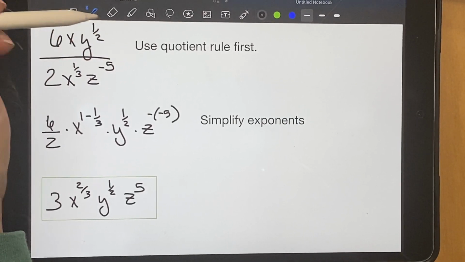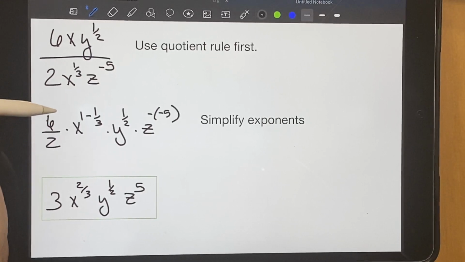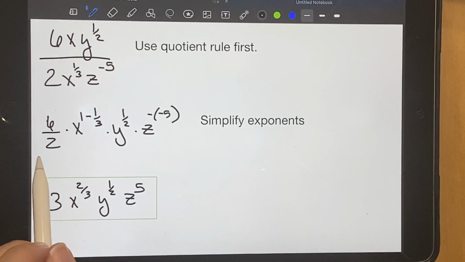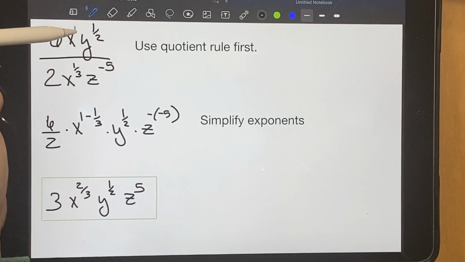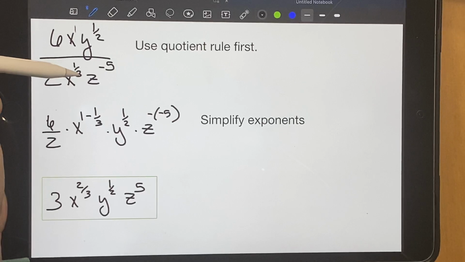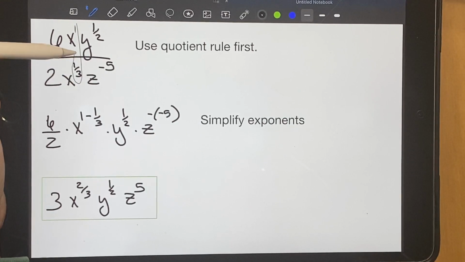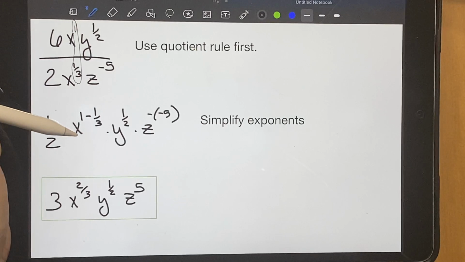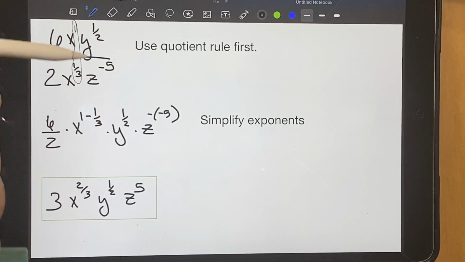So we know that if we have this whole amount here, we're going to have our 6 over 2. That's going to be our number portion. Our x's, I have x to the 1 here, and then an x to the 1/3 on the bottom. I know that for my quotient, when they're on top of each other, I subtract them. So I now have x to the 1 minus 1/3, okay?